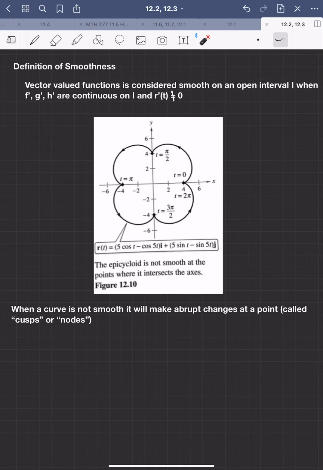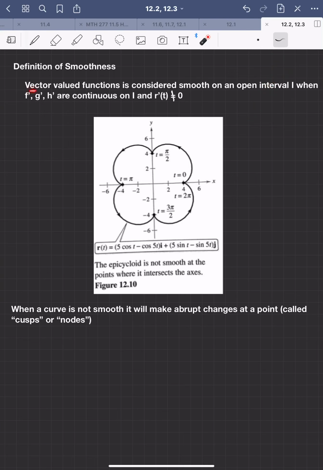We need to define what we mean by smooth, and I try to blend formal and informal in my lectures. Sometimes it's for the good, sometimes it doesn't come out as well. But nevertheless, if you think that I'm either being too informal or too formal, you can always reach out to me, and I'll see if I can better explain. Nevertheless, ready? Let's discuss.